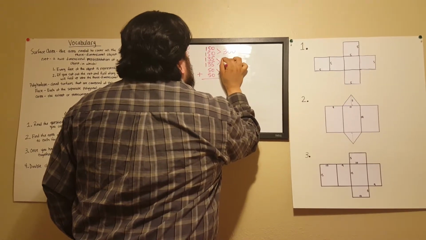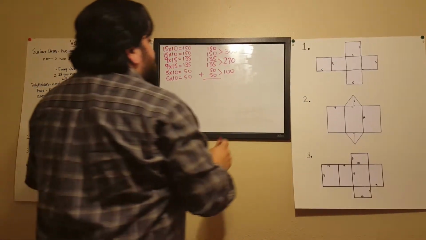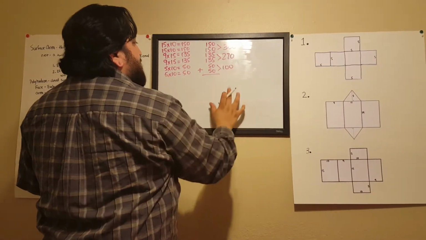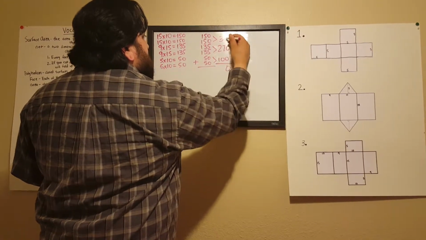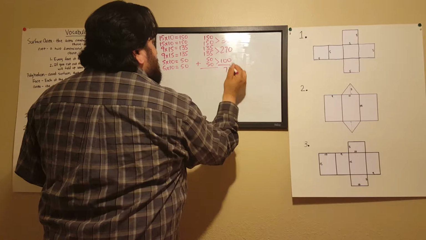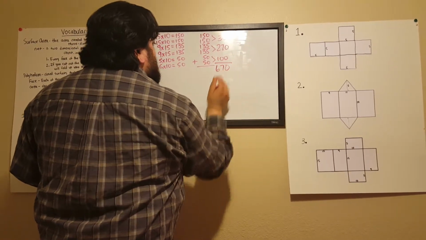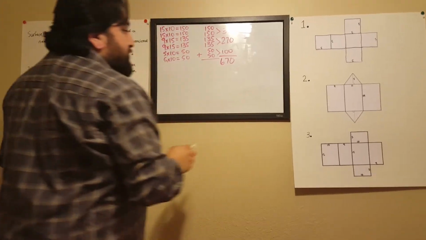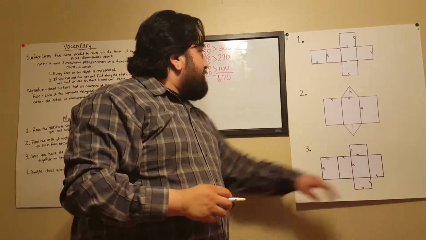I don't know where I got that 4 from. 270, class. So you can see it's a little bit easier like this. So now we just have the hundreds. We can do zeros. This one, 7, and we have 3, 4, 5, 6. 670. The surface area for this net right here would be 670.